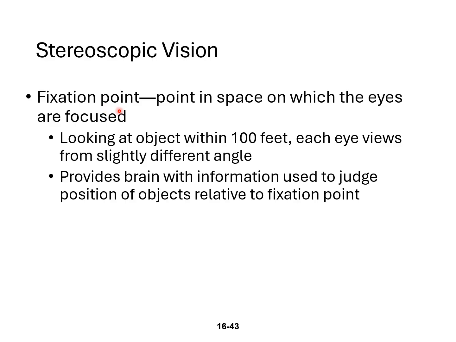You also can have a fixation point of space in which your eyes are focused. Looking at an object within 100 feet, each eye is viewed from a slightly different angle, provides the brain with information used to judge position of the object relative to fixation point.